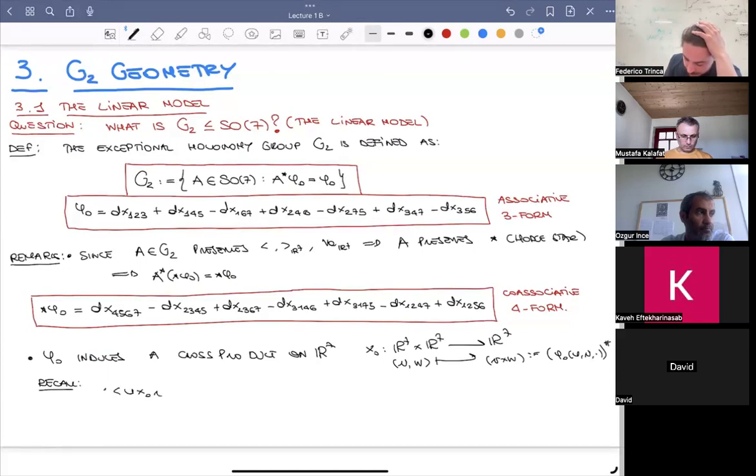The first is that u cross v, given 2 vectors, the third one is orthogonal to the first 2. The second condition comes from the fact that the cross product preserves the length: if I take 2 orthonormal vectors, then the third one is going to be unit.